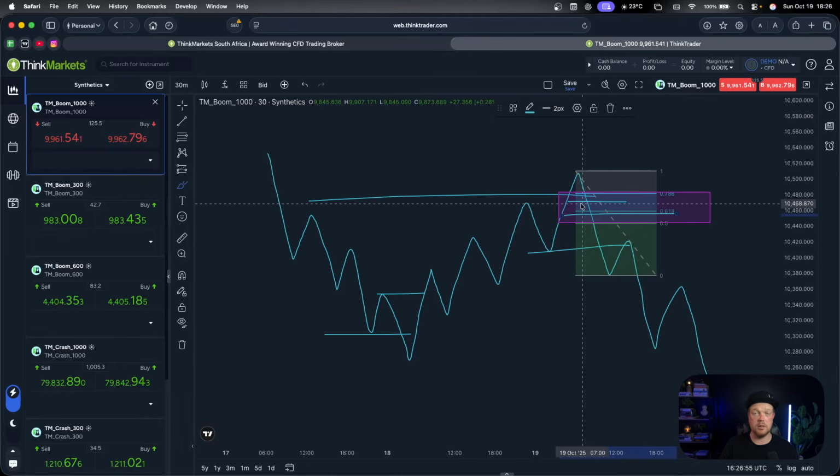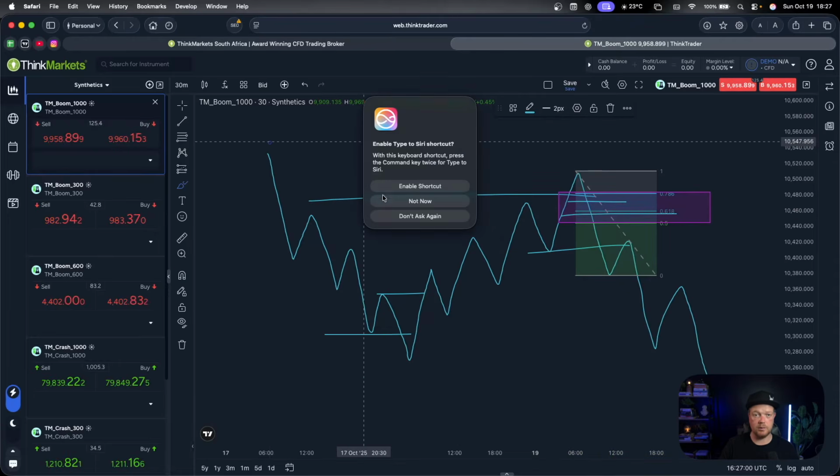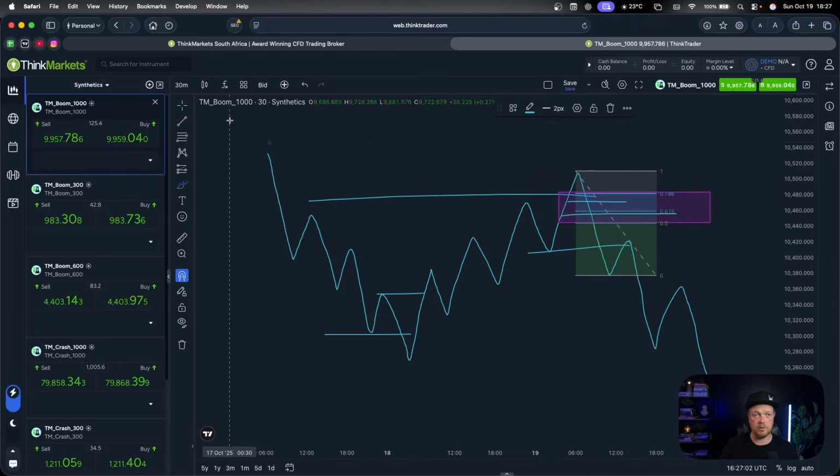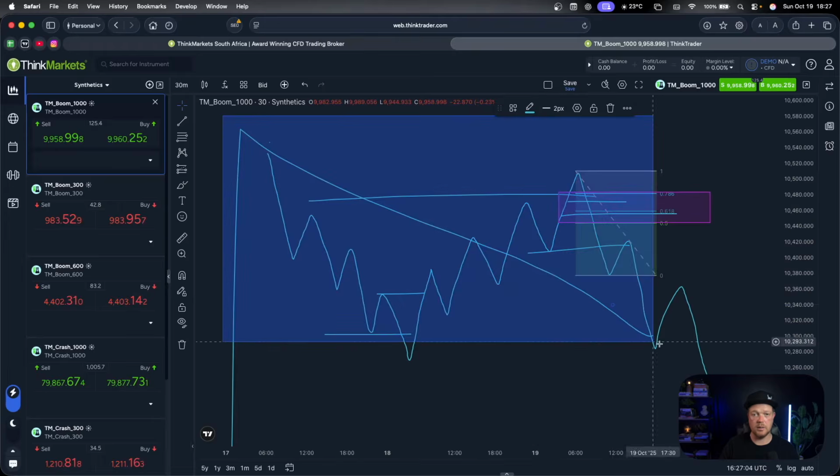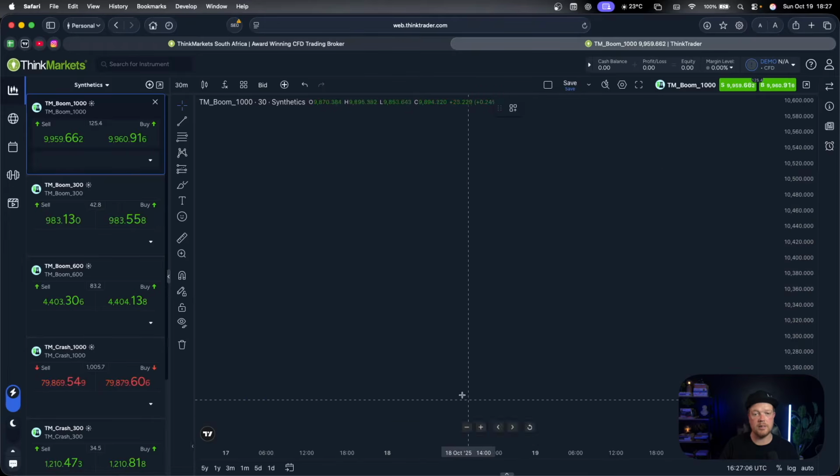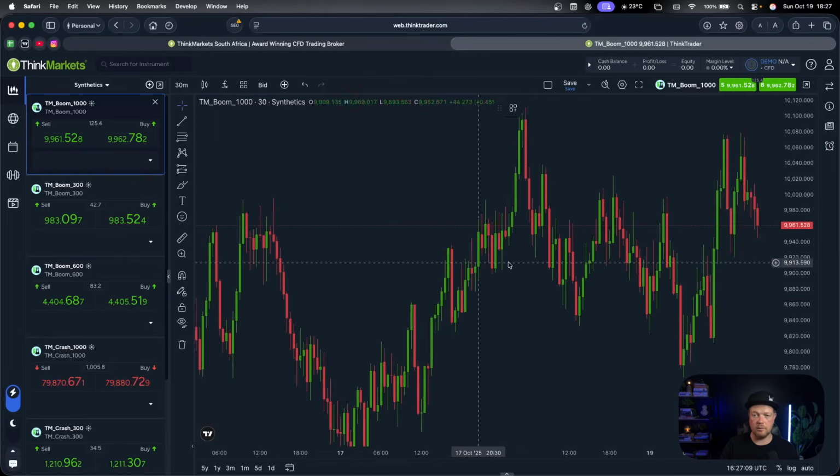And we're going to target the next level of liquidity. Really easy, simple strategy.